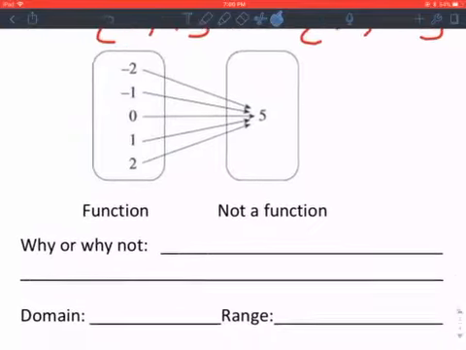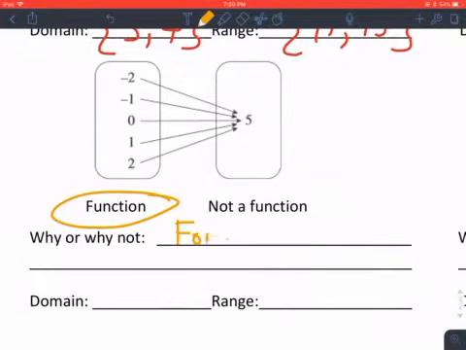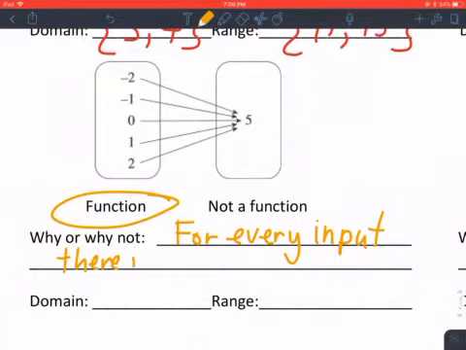Okay, and then last 2. So just quick glancing at this, you may think this is not a function, but it actually is a function. And why or why not? Because for every x value or input, there is exactly one output.